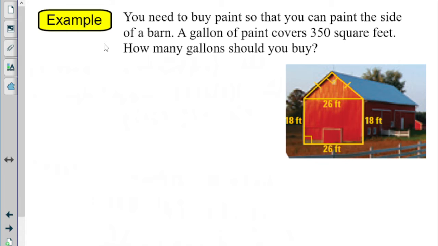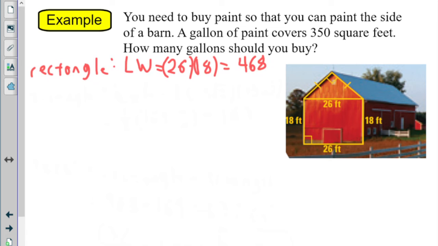So what we're going to do is take those separate areas, find them, and then combine them together. And that will give us our formula. So first of all, let's start with the rectangle because it's easy. Rectangle, length times width, or base times height, 26 times 18.